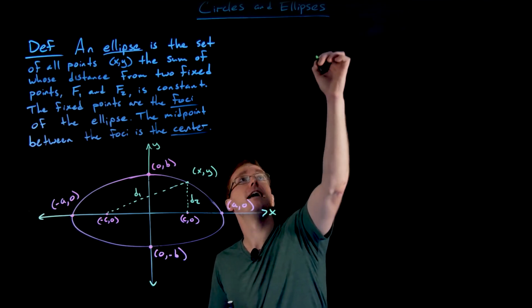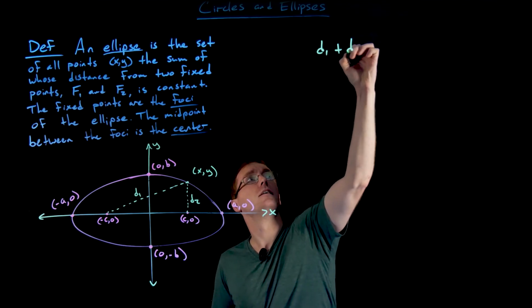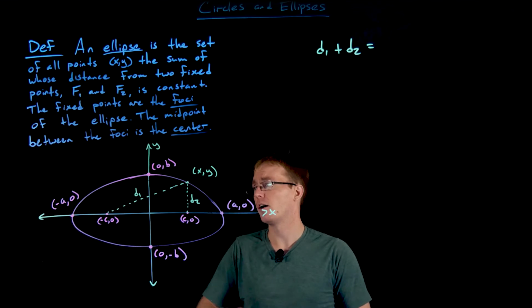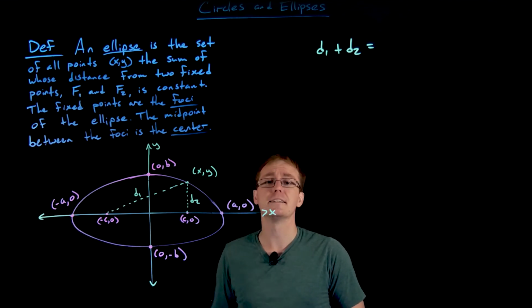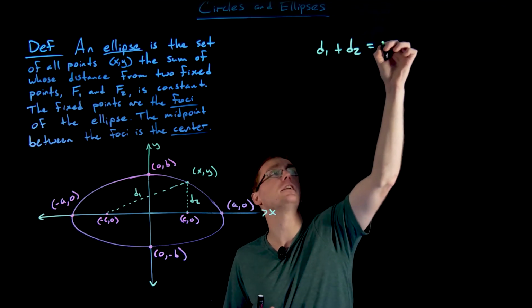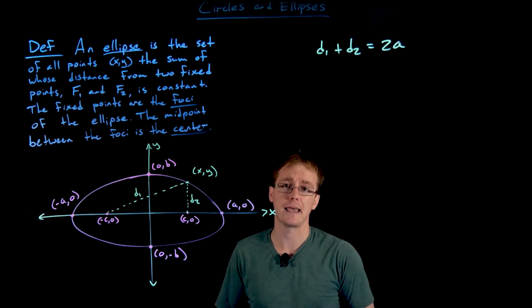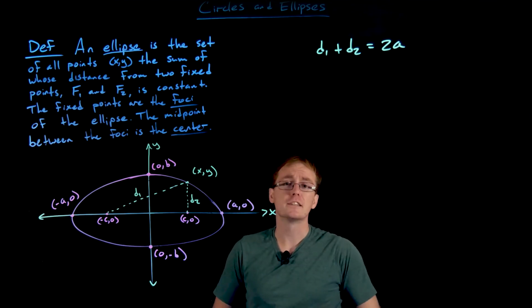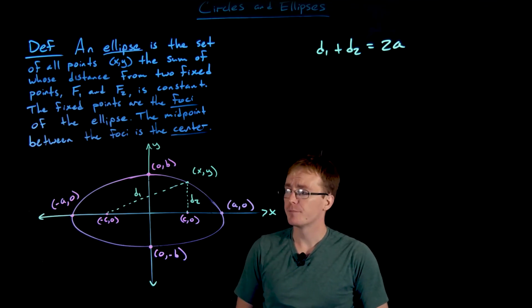So let's go ahead and start deriving the equation of our ellipse by thinking of what the sum of our distances d1 and d2 is going to look like. In our picture here, what we can see is it's always going to be equal to 2 times a. We can really quickly verify that d1 plus d2 is in fact equal to 2a.